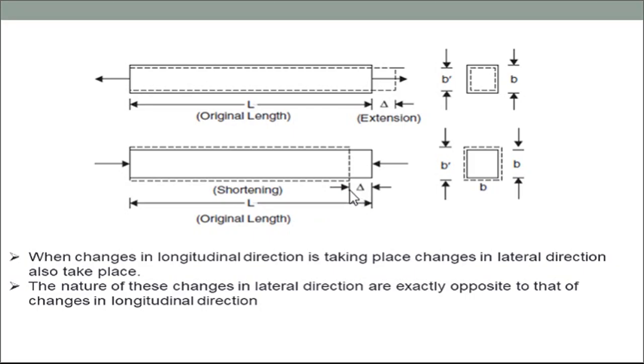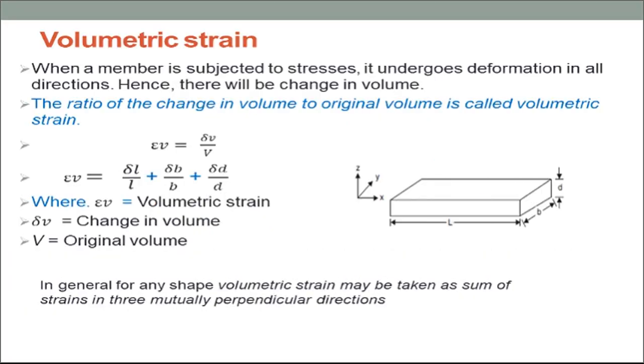Here delta is mentioned as the shortening or deformation produced. When changes in the longitudinal direction take place, changes in the lateral direction also take place. So the nature is exactly opposite, lateral direction and longitudinal direction, when an appropriate force, whether pulling or pushing, acts on the uniform bar.